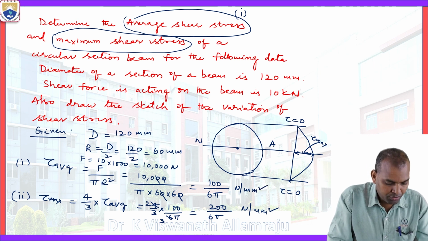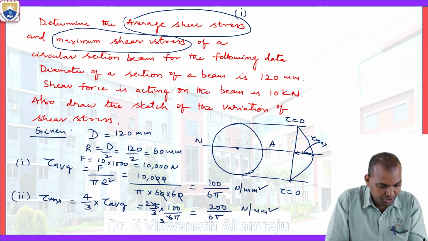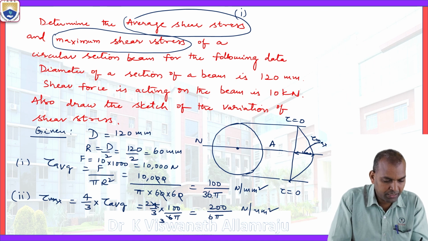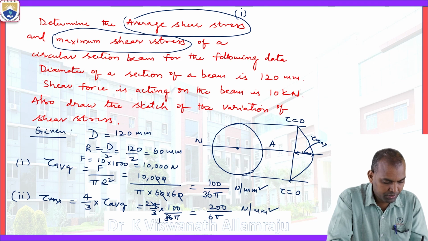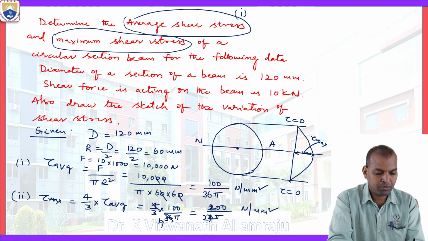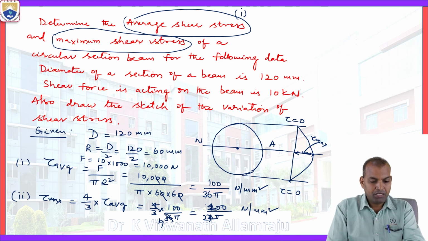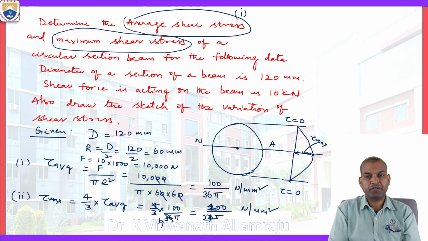So here the average shear stress value is 100 by 36 pi, and 4/3 times it, simplifying the calculation, gives 100 by 27 pi Newton per square millimeter.